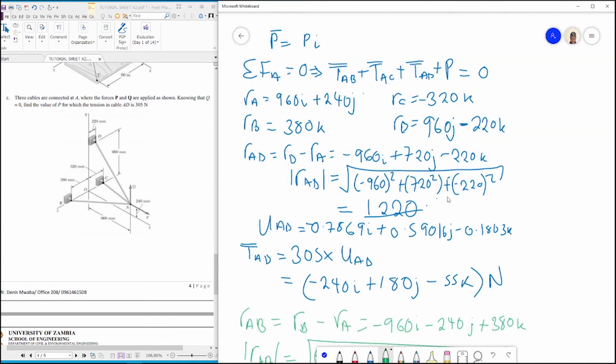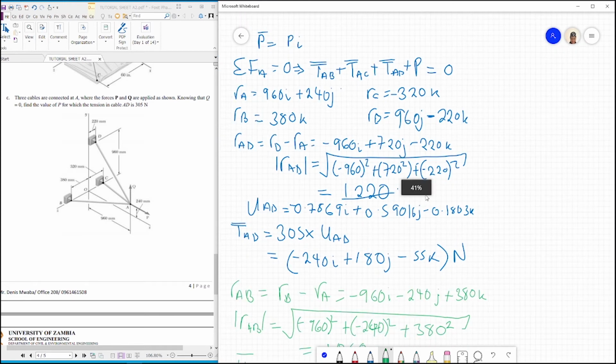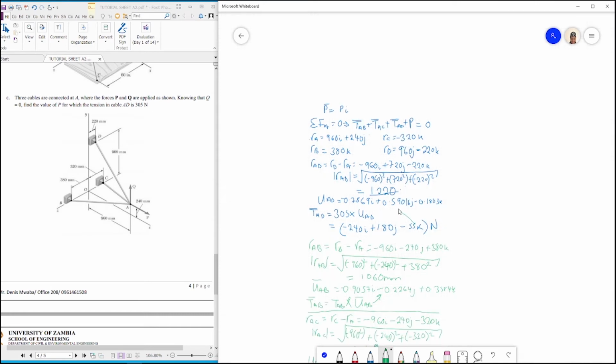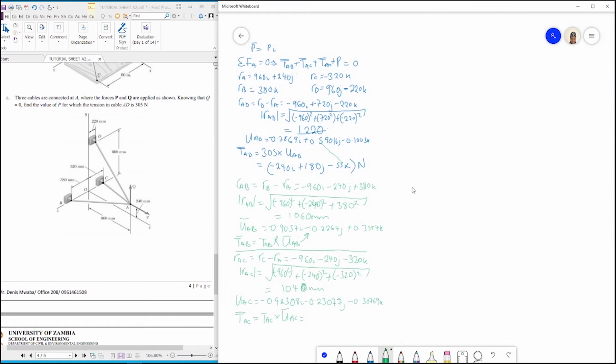So we'll sum the forces in the X, we'll sum the forces in the Y, we'll sum the forces in the Z. I'll just probably reduce this, hope we are able to see, then move it so that I'm able to see everything. Then I'll work here. Change to black.